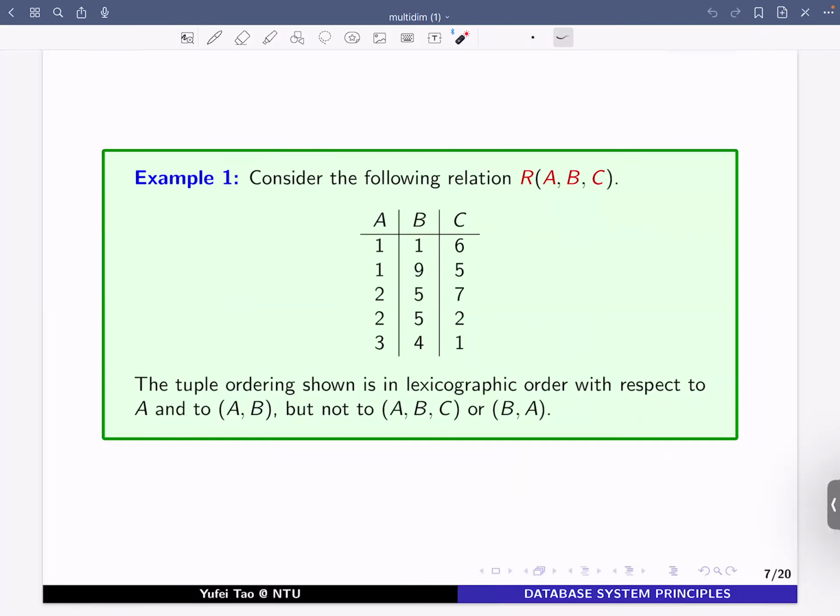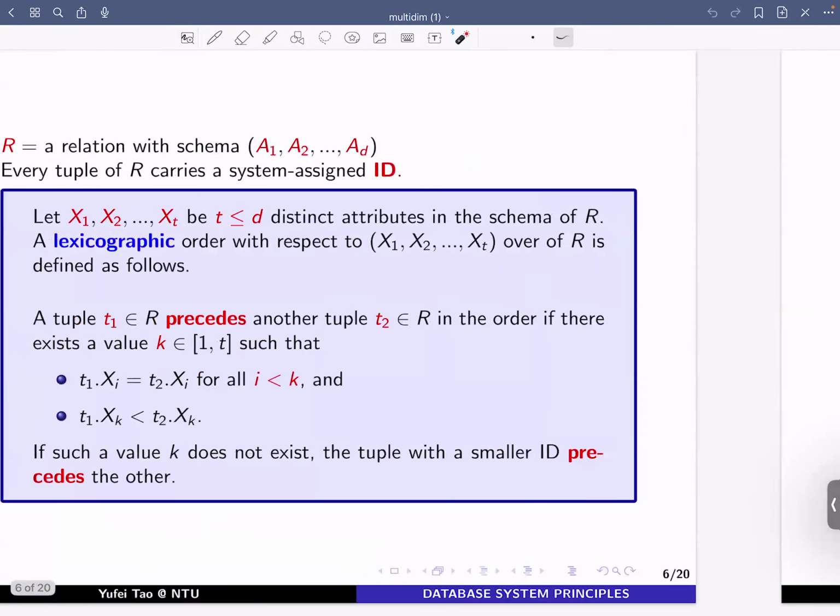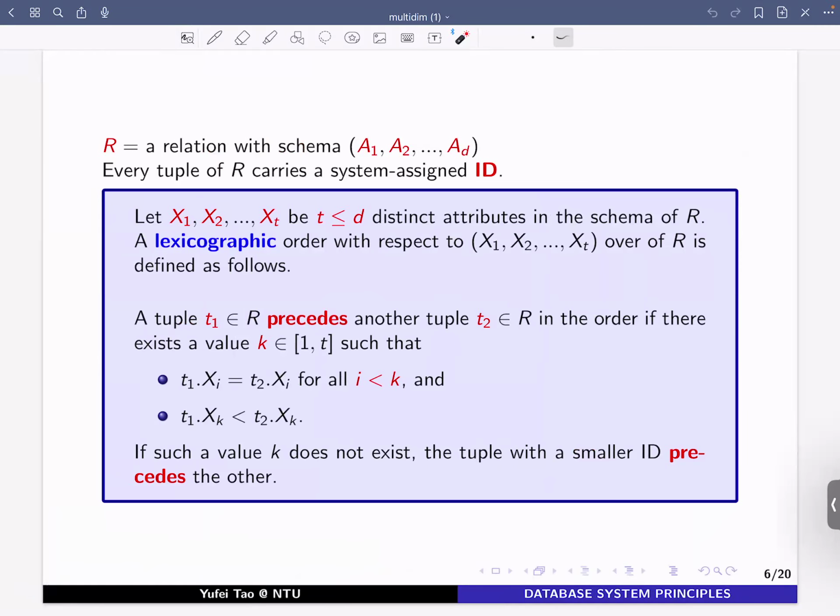I said these tuples are sorted by A and also sorted by A, B. As you can see, I don't have to include A, B, C in the definition. Anyway, now you have a sequence of attributes, and the sequence determines the comparison order. If you have two tuples, you first compare them based on x1, and if you already have a verdict, the comparison is done.